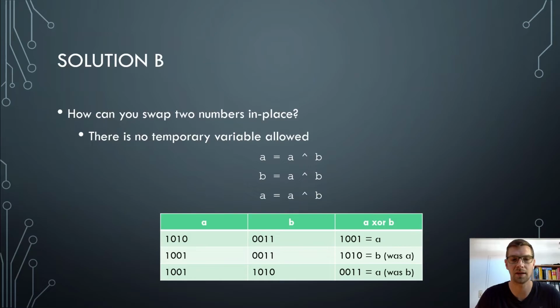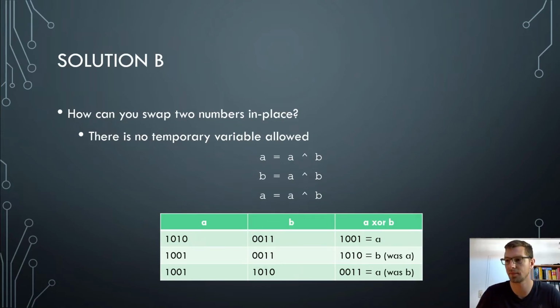So we have our b set correctly, and then we can take our new a and do that with our new b, which was actually the initial a. And when we do 1001 XOR 1010, we get 0011, which was actually our old b. So that is solution B for our swapping in place algorithm.